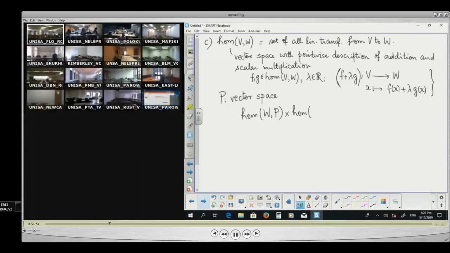These are things from V to W, and these are things from W to P. If I take a pair from here, it looks like this.